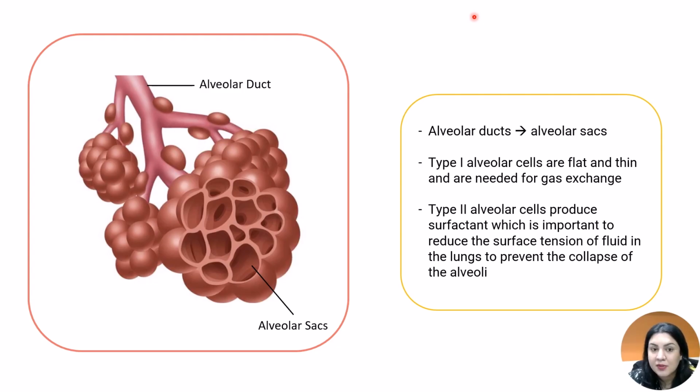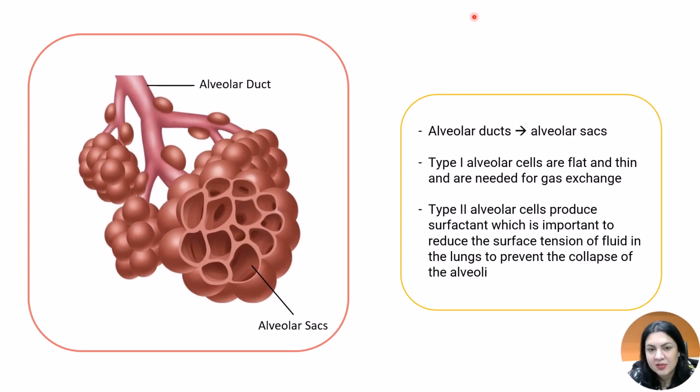They are simple squamous epithelia in nature, and they form a vital component of the blood-air barrier that's going to develop a little further at this stage. This barrier represents the interface between the epithelial type 1 alveolar cells and the endothelial cells of the capillaries, allowing the facilitation of gaseous exchange.